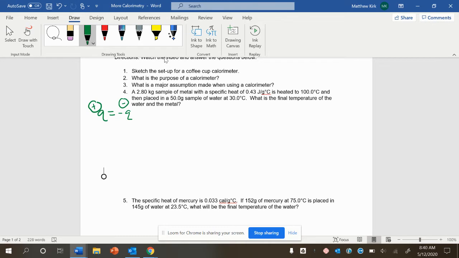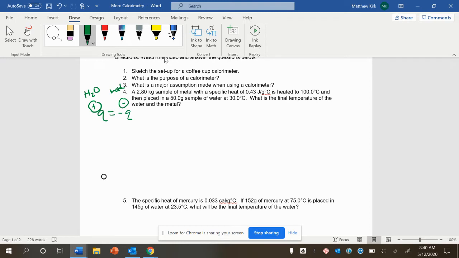So when I say Q equals negative Q, for a lot of us, the positive Q, the water in the calorimeter, is going to be absorbing energy, and the metal that we heat up to a higher temperature will be losing energy. Because again, the water starts at a lower temperature, its temperature is going to go up.